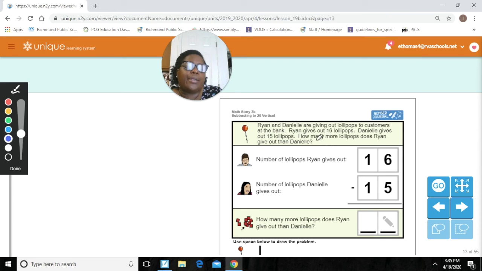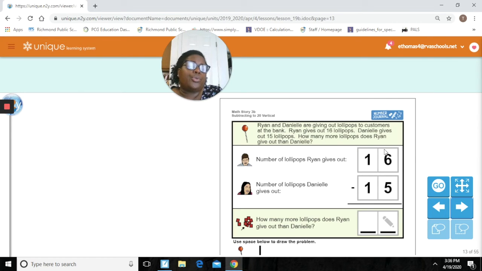These two words right here. This is an indicator that you're going to be subtracting. Okay? So what we're going to do, we're always going to start in the ones place, okay? And we're going to use our number line to compute this problem.